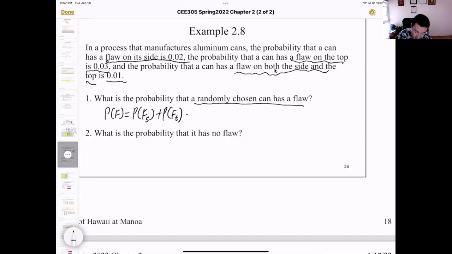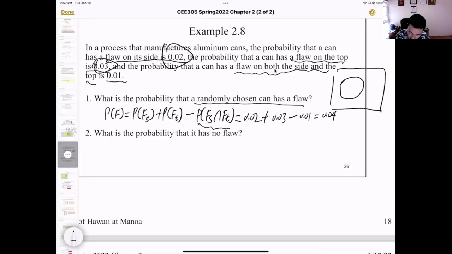Because these two have an intersection, we need to subtract P(has a flaw on the side and on the top). We use the equation from the previous slides: the probability of a flaw on the side, 2%, on the top, 3%, minus the intersection, a flaw on both the side and top, 1%, equals 0.04.